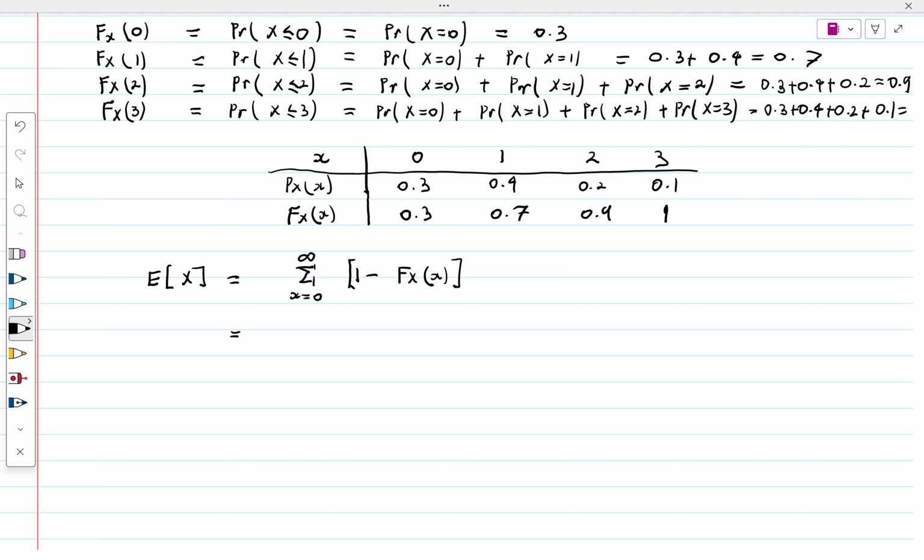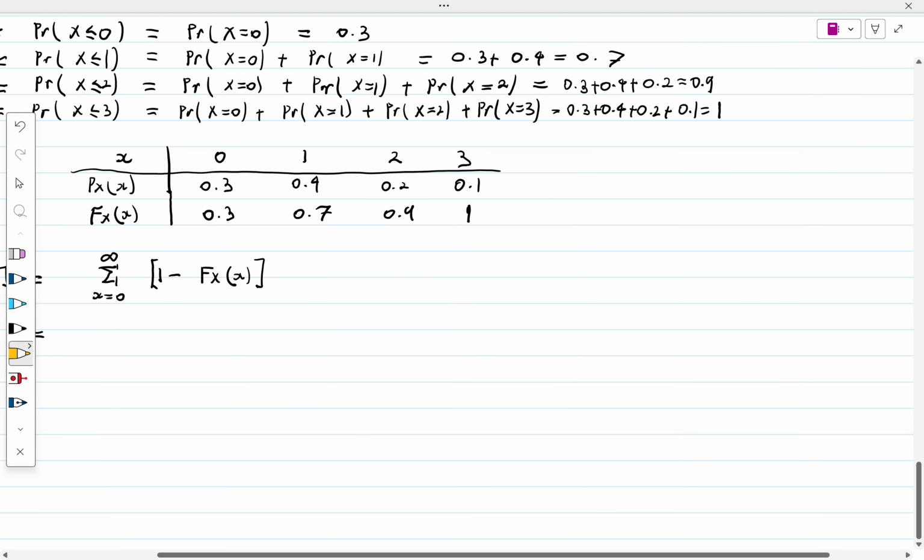In the definition I gave above, we went all the way to infinity, which is true because technically, if we were to extend this distribution hypothetically to 4, 5, 6, and so on, each of these has a probability of 0.